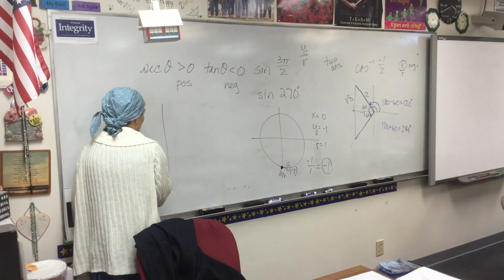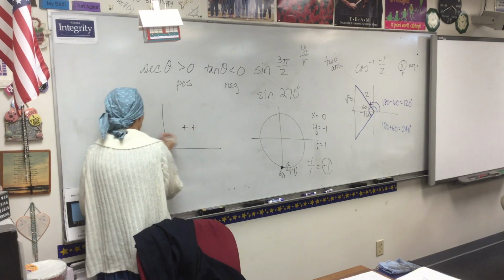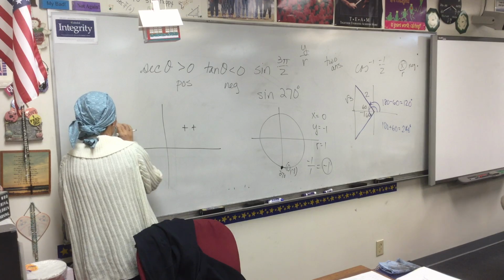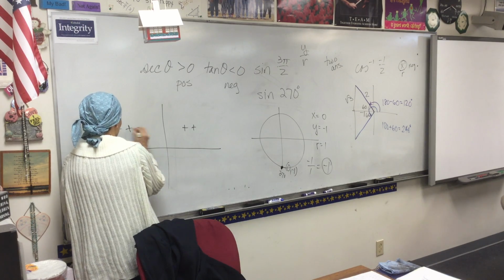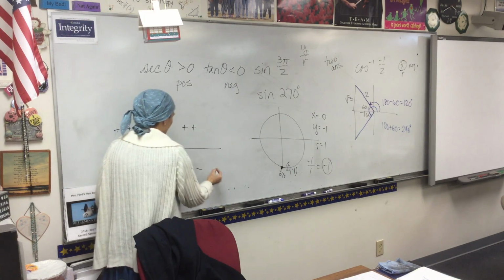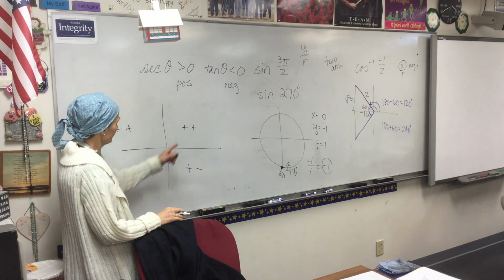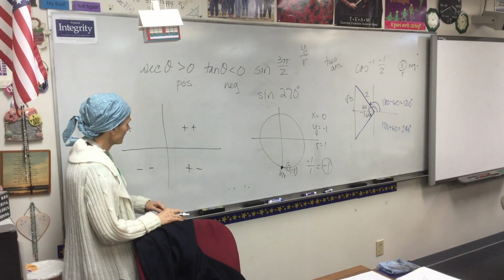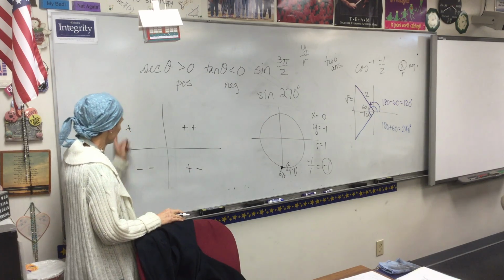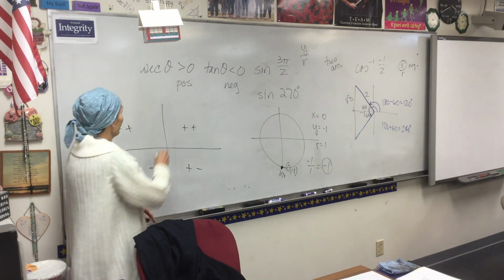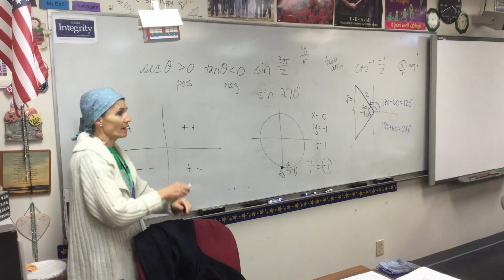Okay? So it's up to you. You might want to look at setting up your regular coordinate system and looking at the signs. X and Y are both positive, X is positive, Y is negative, and so on. Now I want the secant to be positive.